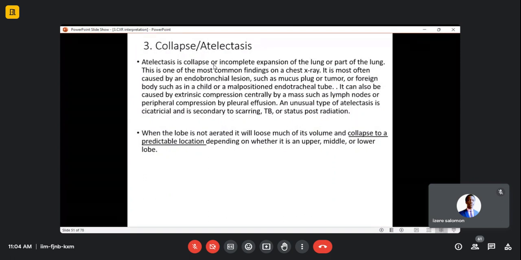Especially if the tube goes to the right main bronchus, the left lung doesn't receive any air, and when it doesn't receive any air, it becomes collapsed.